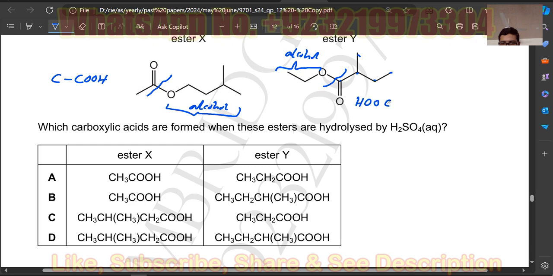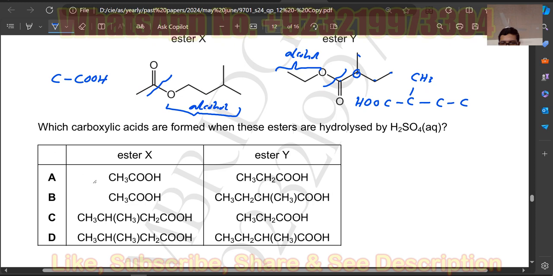This is the functional group of the carboxylic acid, and in comes the next carbon. This is the same carbon. It has a methyl group upward, and then it has two carbon atoms on the right side. Now this is the product obtained as a result of the hydrolysis of the ester.